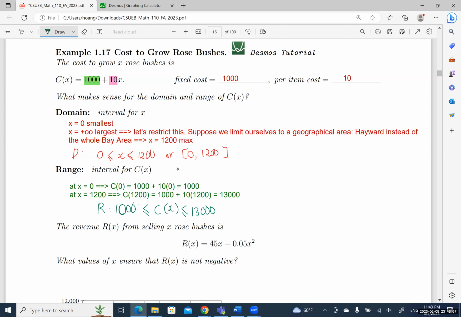All right. So this is the range of this function, and the revenue is x from selling x rose bush. Now we can start drawing the revenue function on the Desmos.